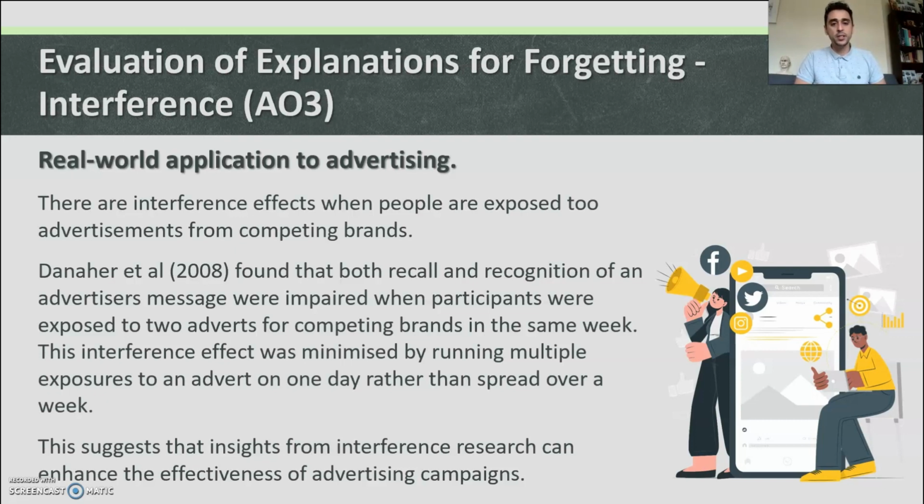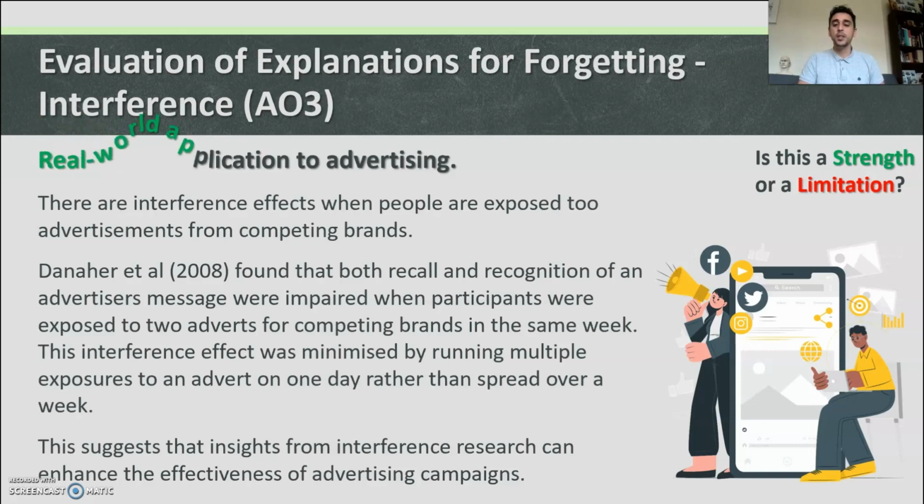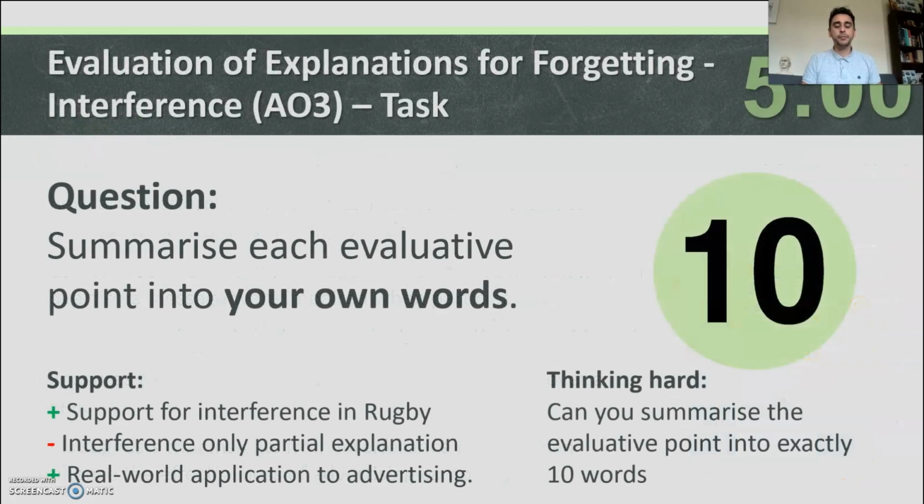This interference effect was minimized by running multiple exposures to an advert on one day rather than spread over a week. This suggests that insights from interference research can enhance the effectiveness of advertising campaigns. So this is showing how you can apply the knowledge of interference to real-world application in terms of advertising. So that is a strength.